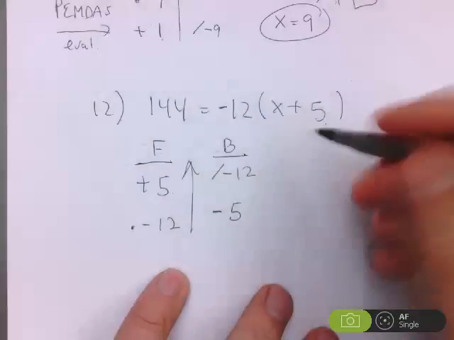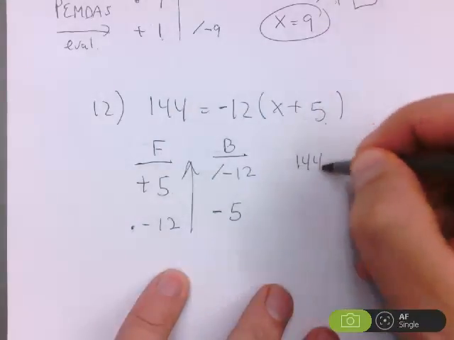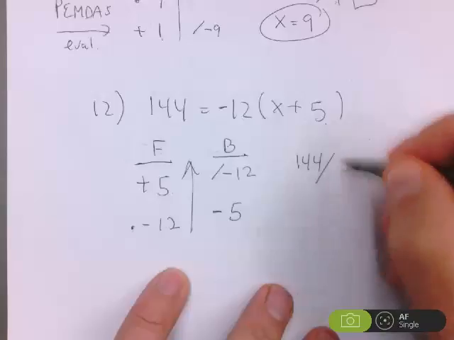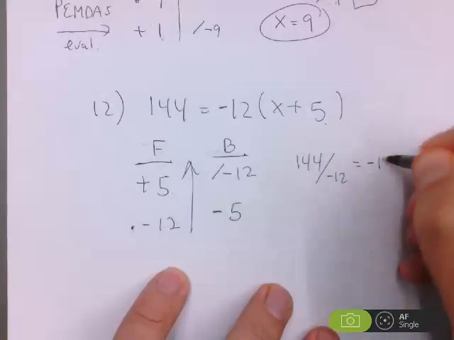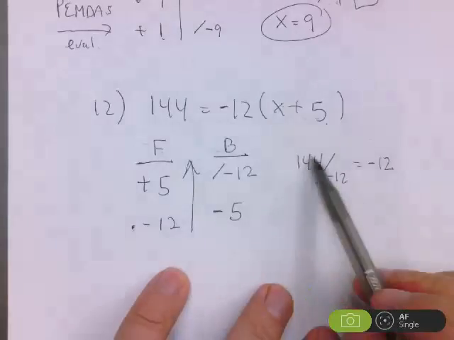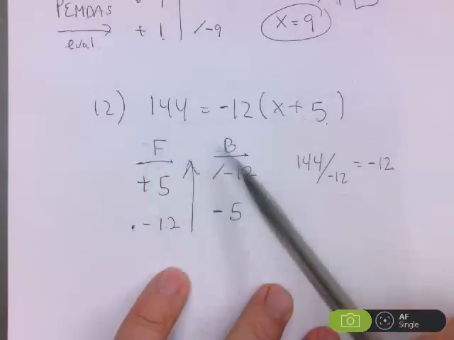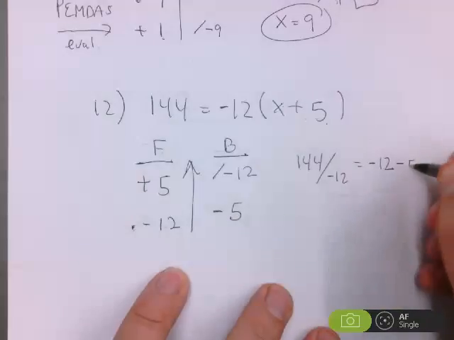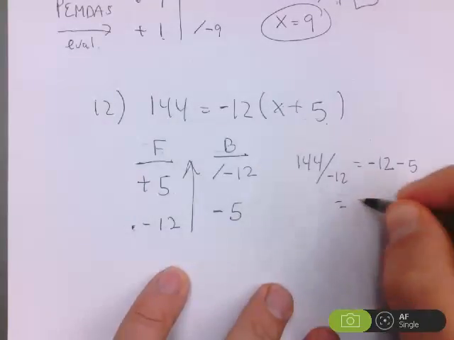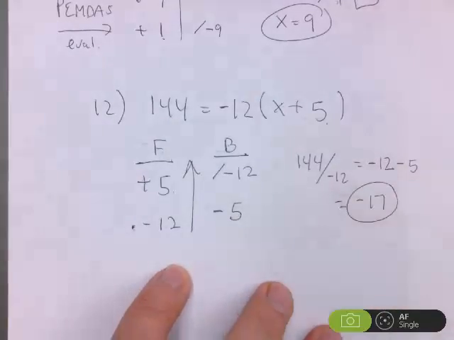So I've got 144. Divide by negative 12, and that gives me negative 12 back. Then I need to take away 5 from that, and I get negative 17.